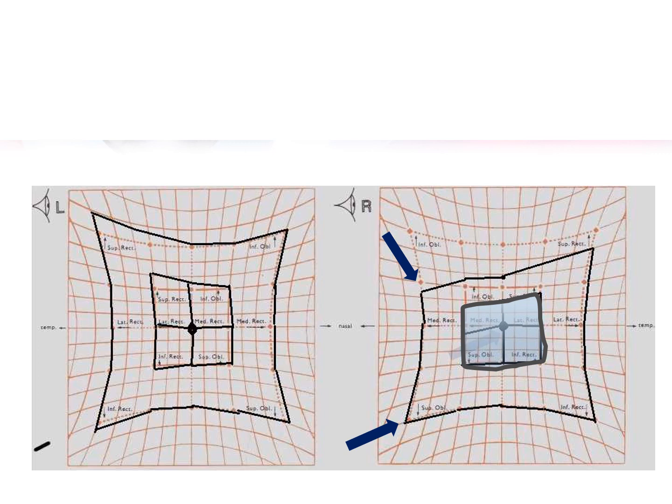Second, there is no misalignment in the primary position, again consistent with a restrictive lesion. So now we are looking for a restrictive lesion in the right eye that is causing a limitation of elevation in adduction. The first thing that would come to our mind would be a Brown syndrome.